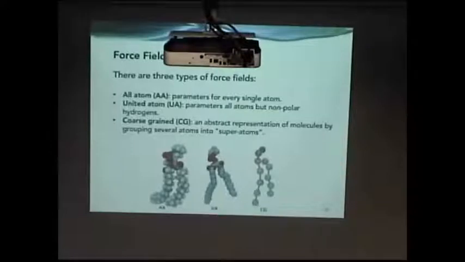In GROMACS, we have three different types of force fields, namely all-atom, united-atom, and coarse-grained. In the first one, you have parameters for every single atom in your system. In united atom, we have parameters for all atoms, but no nonpolar hydrogens, like in an alkyl chain.